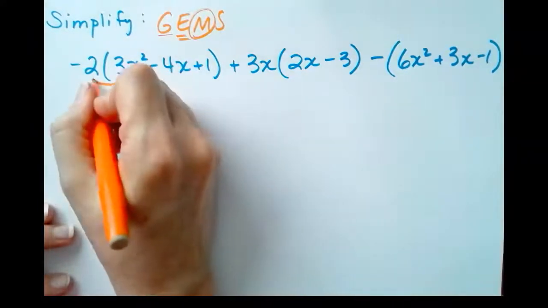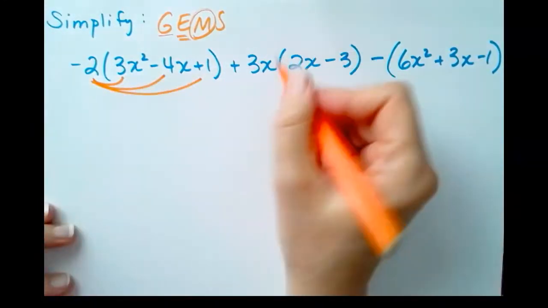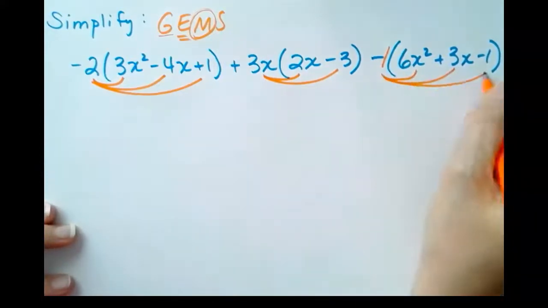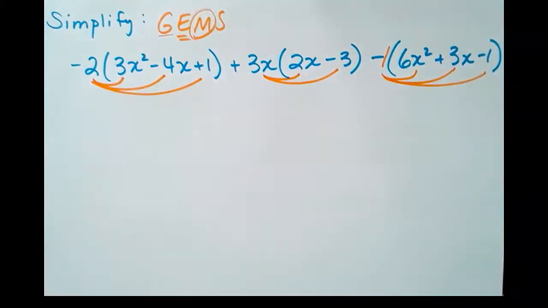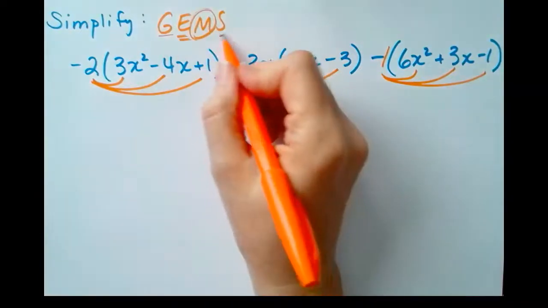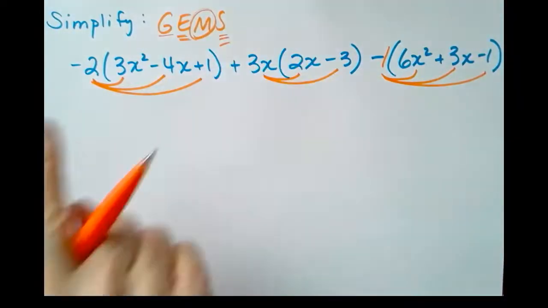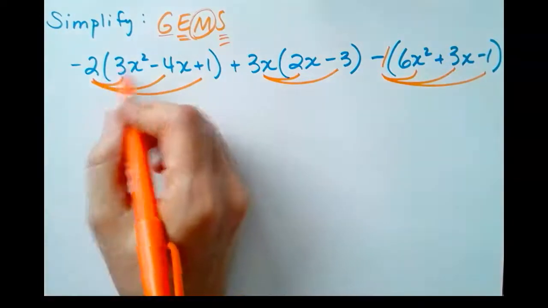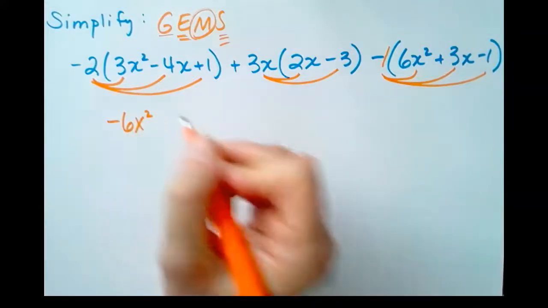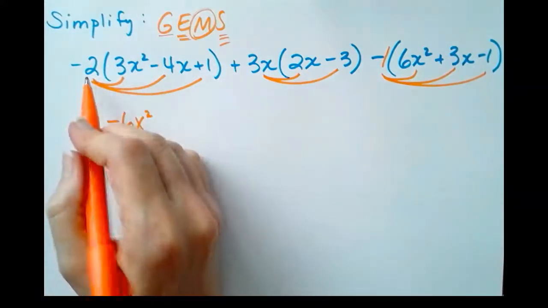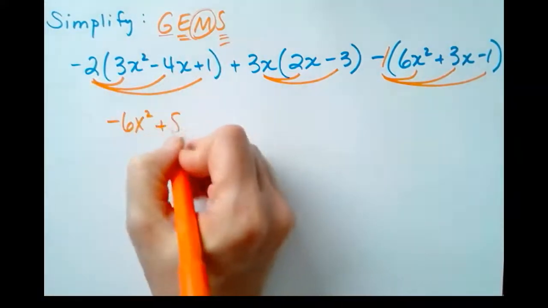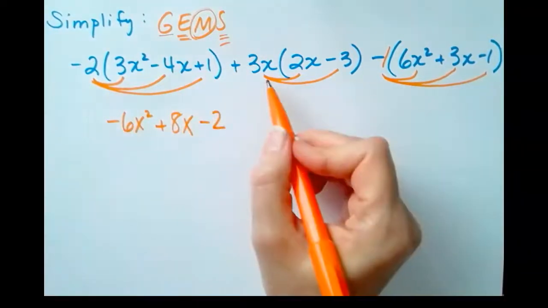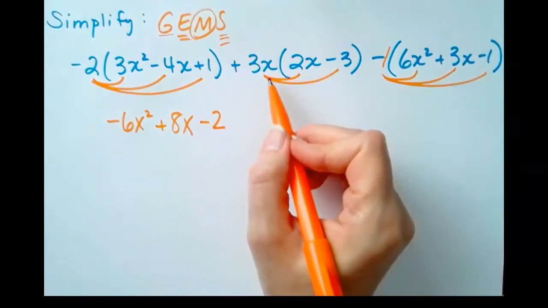We are going to distribute, not once, not twice, but 3 times we're going to use the distributive property before we add or subtract. So let's take the negative 2 through. Negative 2 times 3x squared is negative 6x squared. Negative 2 times negative 4x is plus 8x. Negative 2 times 1 is negative 2. Next, 3x is being multiplied through.